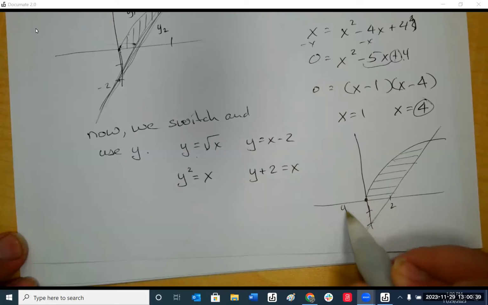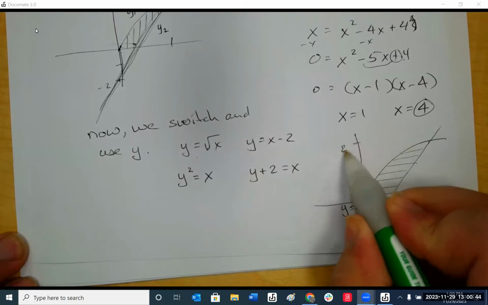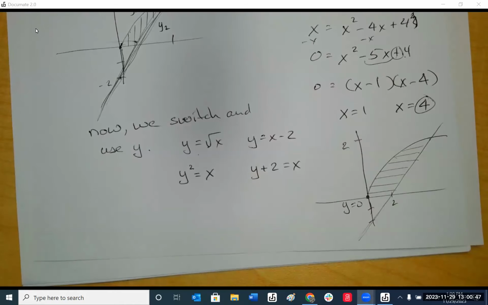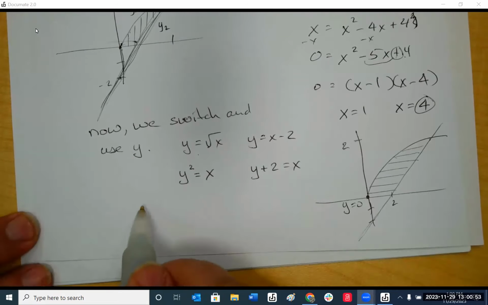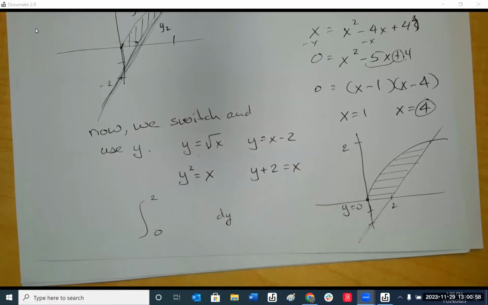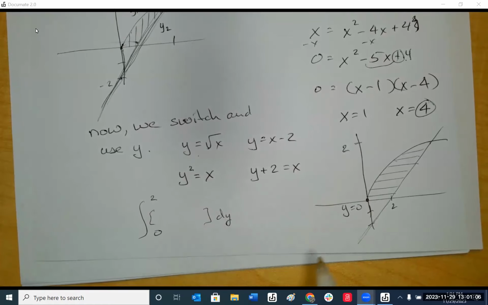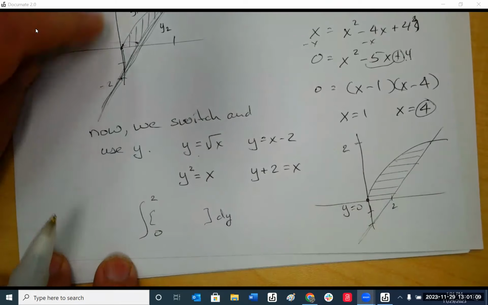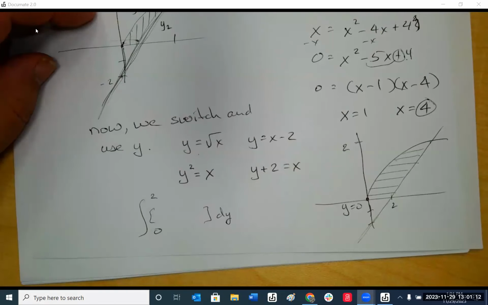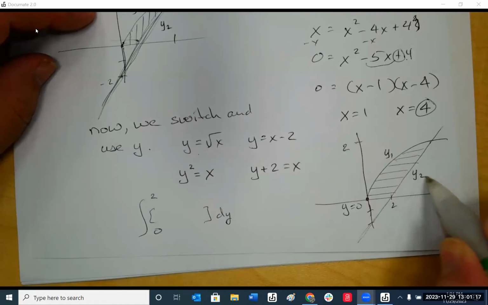It's going to go from 0 all the way up to this one, so our bounds of integration are going to go from 0 to 2. Now we set up our functions. Since we're looking at it on the y-axis, which one's on top, y1 or y2?